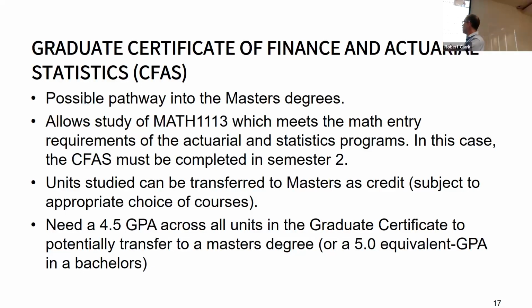So particularly that you're doing Math 1113 if you need to do Math 1113, and also to make sure that you choose courses that will all be able to be credited towards your master's degree, and that will enable you to finish your master's degree in the minimum possible amount of time. So hopefully, if you're in that position, you've already talked to me, but if you haven't, then please send me an email.